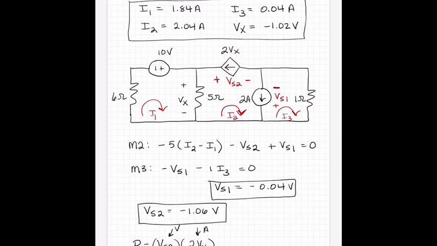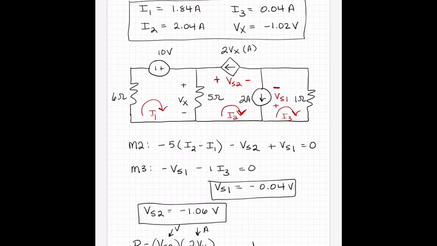2Vx has units of amps. Sometimes it might help you to remind yourself of the units by putting those in parentheses next to the source, like I did up here. All right, so I'm going to substitute in. This is minus 1.06 times 2 times Vx, which I have solved for, which is minus 1.02, times 2 there.